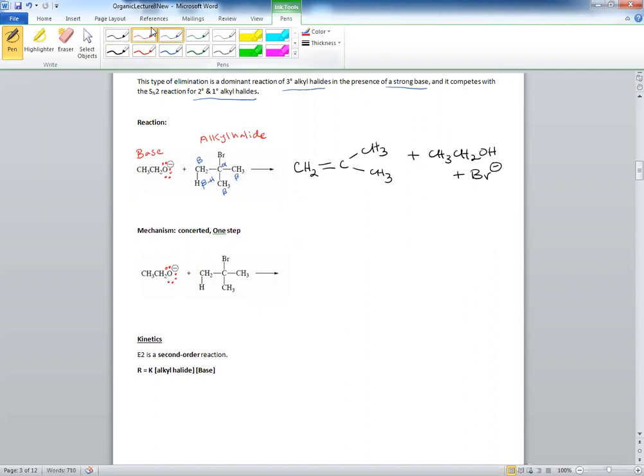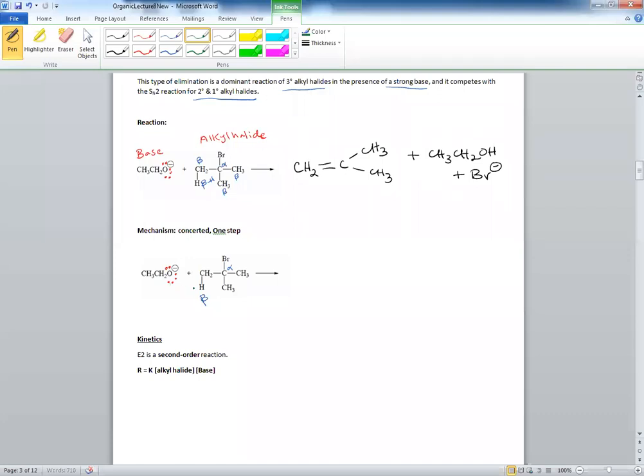Once again, I will mark my beta hydrogen, and that is my alpha carbon. So here's the mechanism. The mechanism is the following.